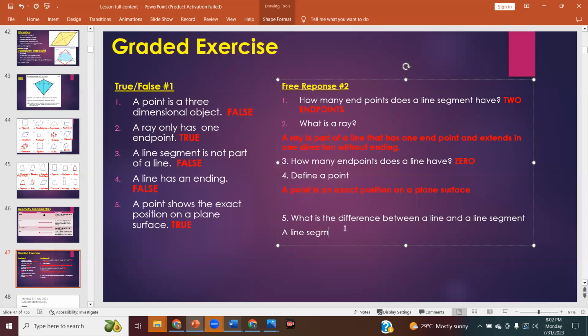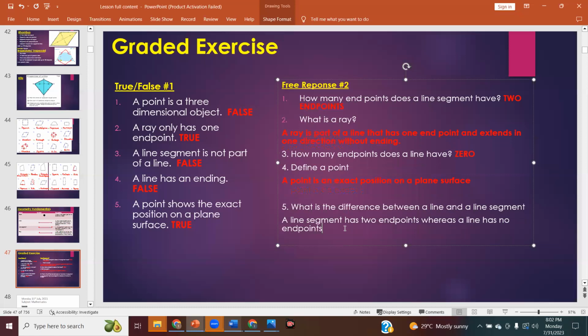So a line segment has 2 endpoints, whereas a line has no endpoints. It continues in both directions forever.